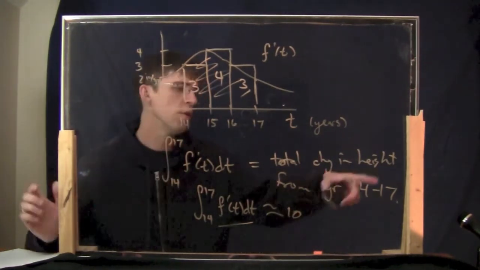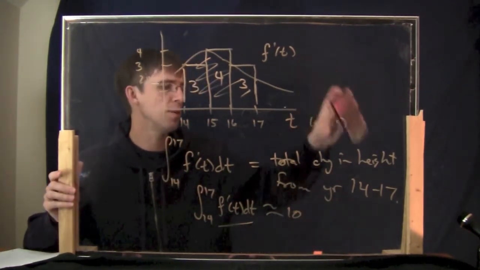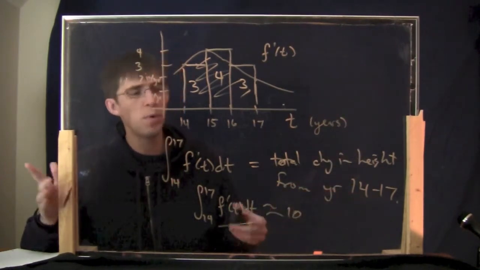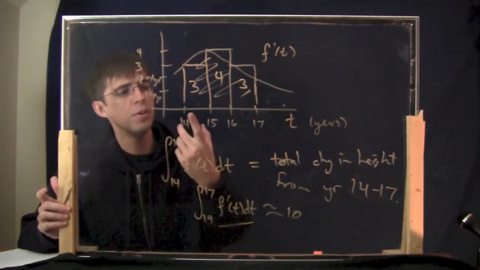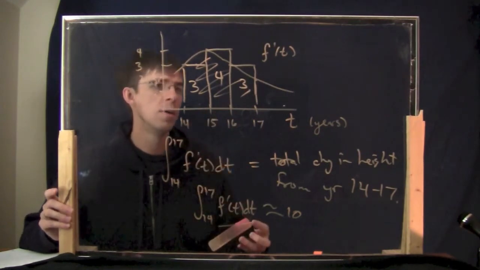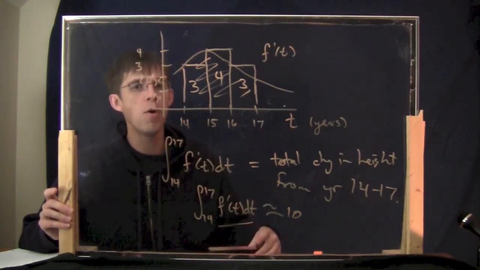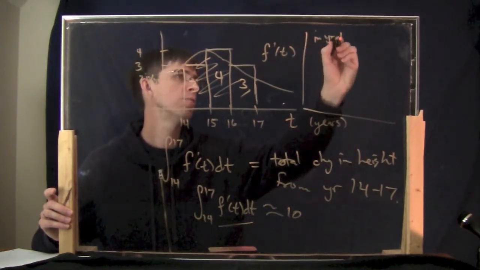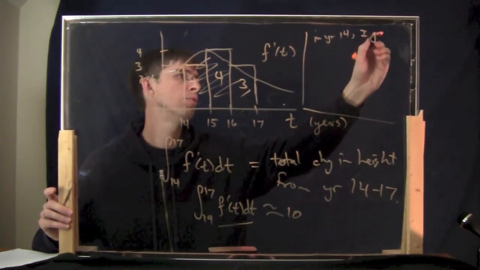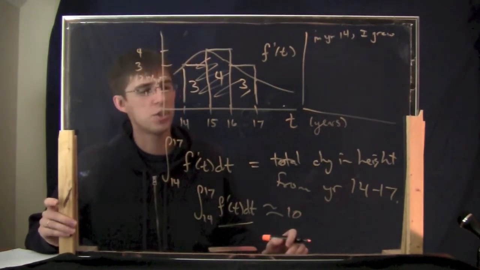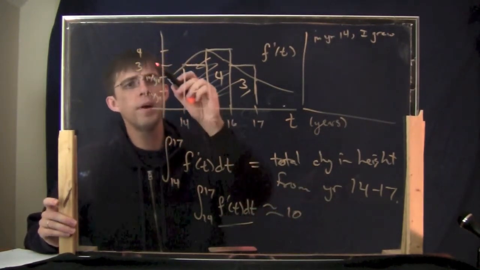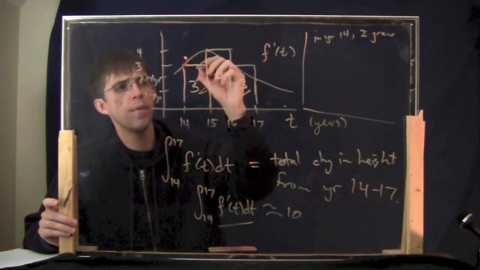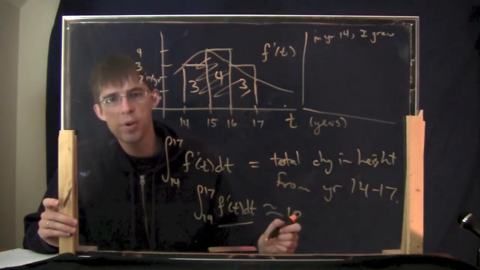You could ask yourself, in order to compute this, what is the total change in my height from year 14 to 17? Well, you could break it up into 3 years. How much total did I grow in the first year? Well, at the beginning of year 14, I was growing at 3 inches per year.